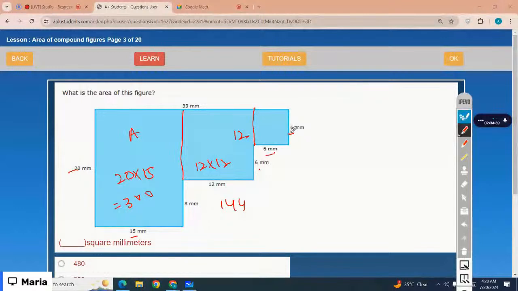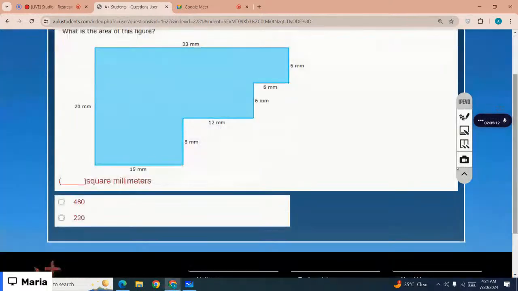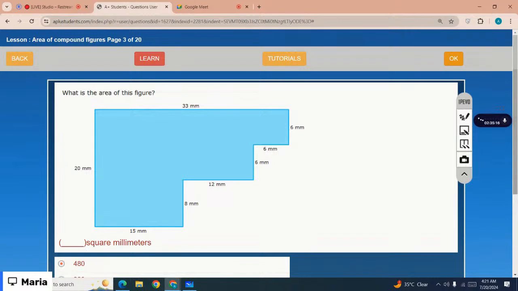Then this is 6. So 6 times 6 is 36. You just have to add them, right? 300 plus 144 plus 36, that is 480. So the area of the shape is 480. 480 is the correct option, right?